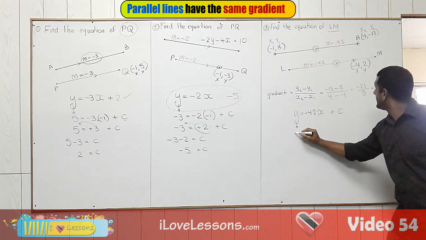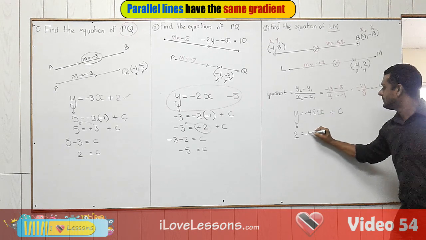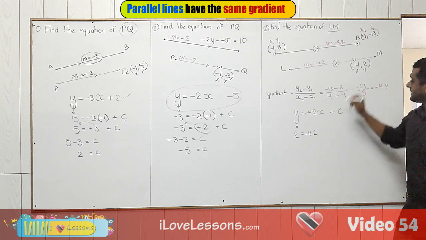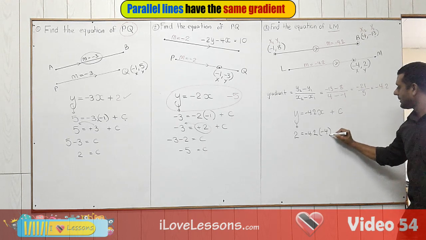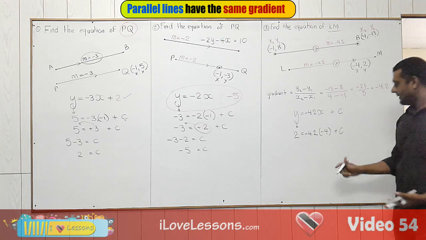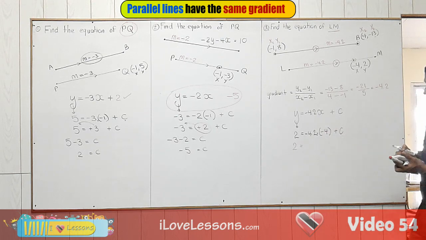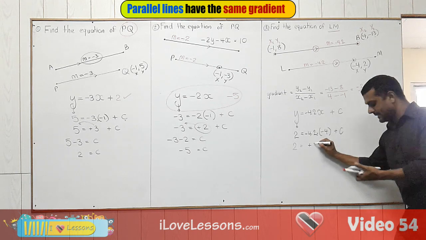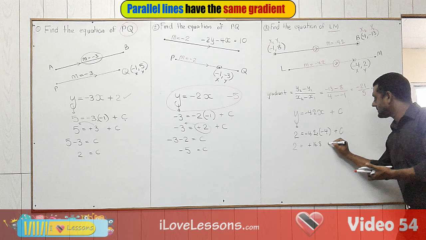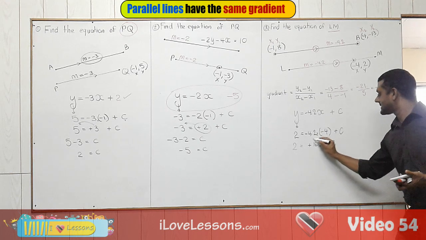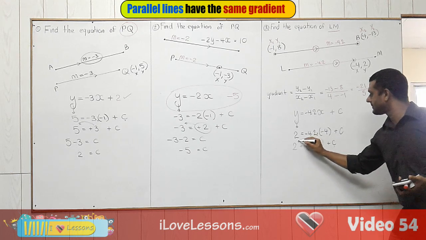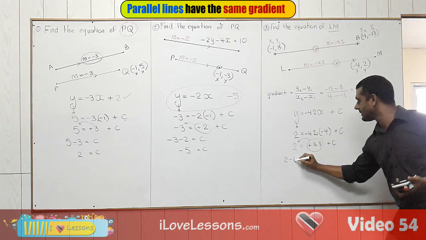Substitute it in. Y is 2. X is minus 4 plus C. Well, let's do the maths here. Minus 4.2 multiplied by minus 4 will give me positive 16.8 plus C. To solve for C, we throw across the positive, we'll get a negative.